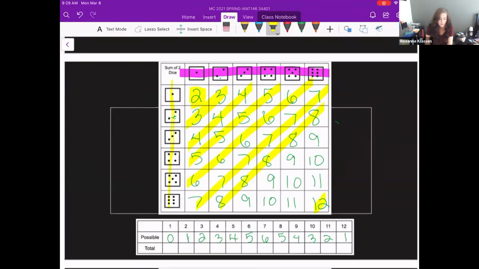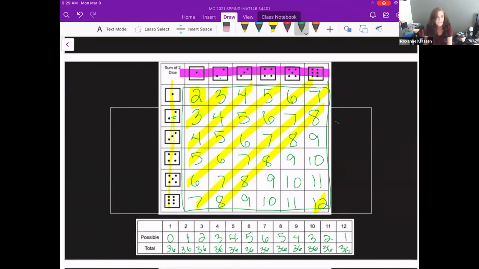Now, how many total possible are there? There's a total of 36 possible outcomes. Where did I get 36 from? You added all of them. Well, I looked at how many possible outcomes there are, and notice this is a 6 by 6 grid.